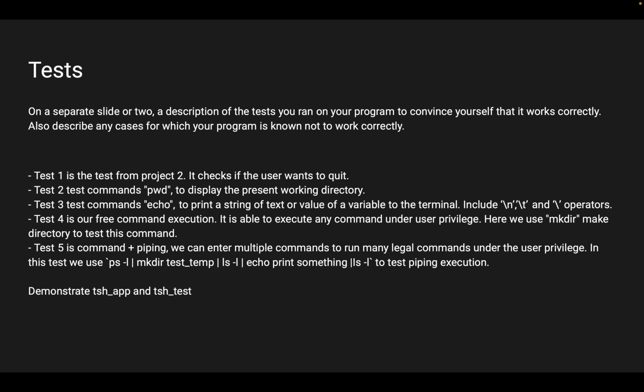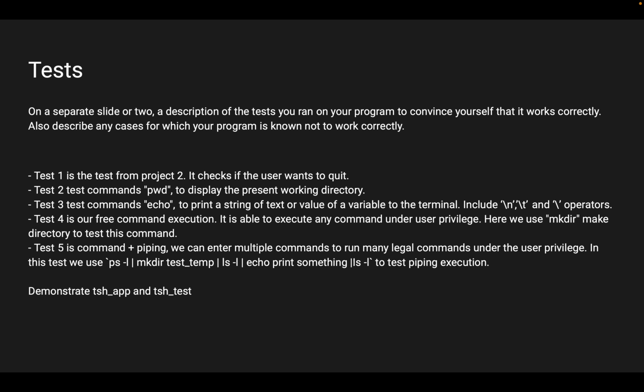For test 5, we use pipelines to test multiple commands in a single string. Like we can do ps, which prints the process list, and we can make directories, and print out all the directories and files as a list in the terminal.